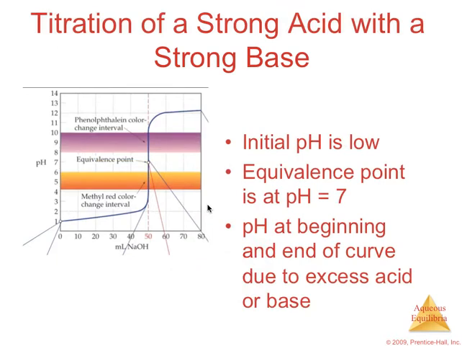There are four, by the way, there are four curves that you need to be familiar with and be able to identify. So a titration of a strong acid and strong base, again, the pH initially is pretty low. The equivalence point, meaning the point of where the moles of acid is equal to the moles of base, is at the pH of 7. The pH at the beginning of the curve is due to the excess acid, and at the end is due to the excess base. Okay, that's when I'm titrating a strong acid with a strong base, the strong base being in the burette.